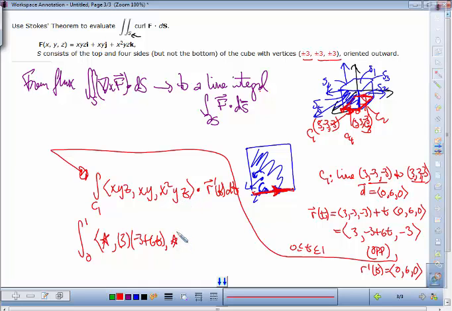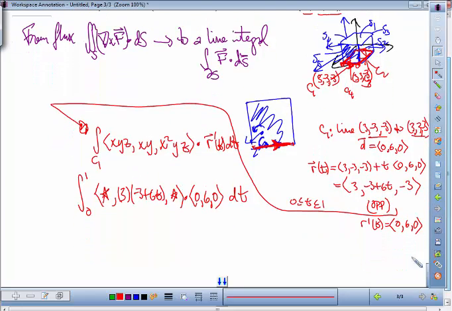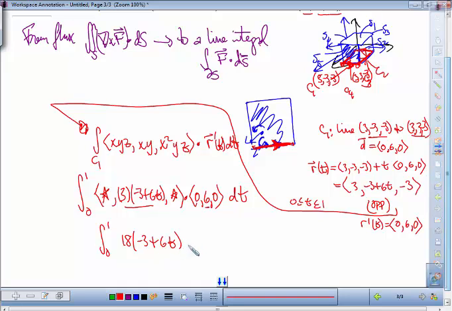But again, since I'm going to dot it with 0, I'm not going to care what that is, so I'm going to put another star for that. So this is just going to be this middle term multiplied with this middle term because everything else is 0. So I get the integral from 0 to 1 of 3 times 6, which is 18, times negative 3 plus 6t dt.